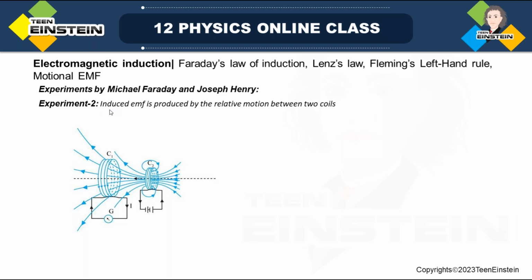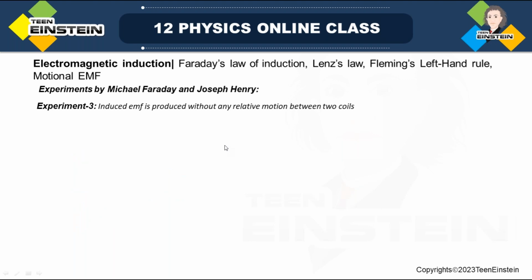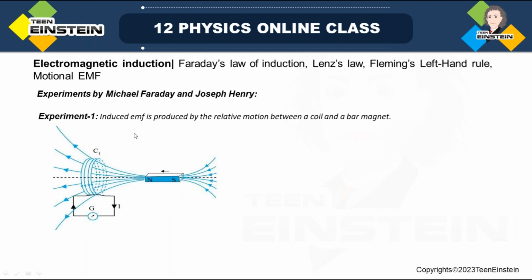See, Faraday's first experiment was that he had taken a coil of conducting wires and connected the two ends of the coil with a galvanometer, and he had taken a bar magnet, as you see here, and the bar magnet is moved towards and away from the coil C1.